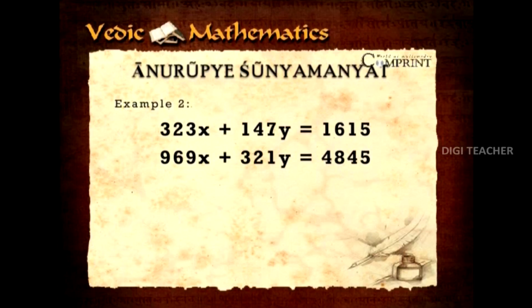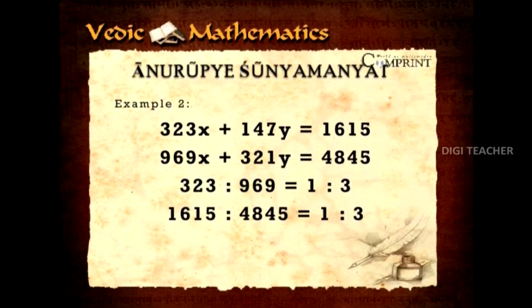The very appearance of the problem is frightening, but just an observation, and Anurupye Sunyamanya gives the solution x equals 5, because the coefficient of x ratio is 323:969, which equals 1:3, and constant terms ratio is 1615:4845, which again equals 1:3.